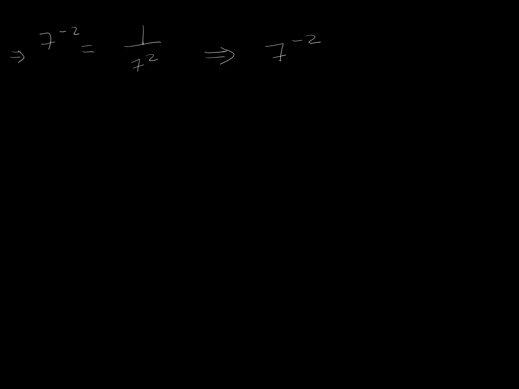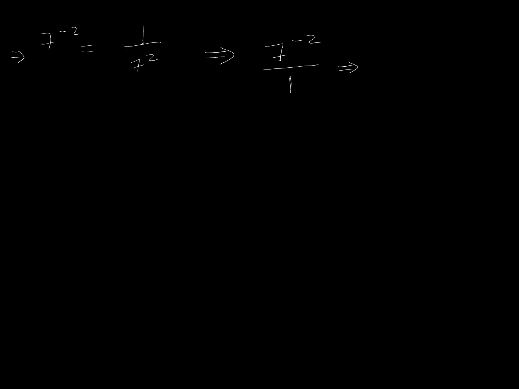So you're going to take that 7 to the power 2, because we know that any number is going to stand over an invisible 1. Okay, so now when it's like this, we do the reciprocal of this.